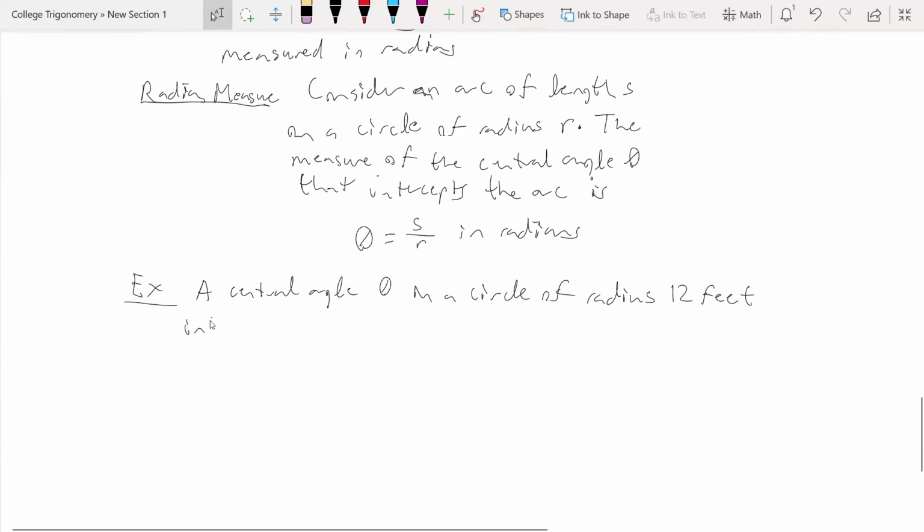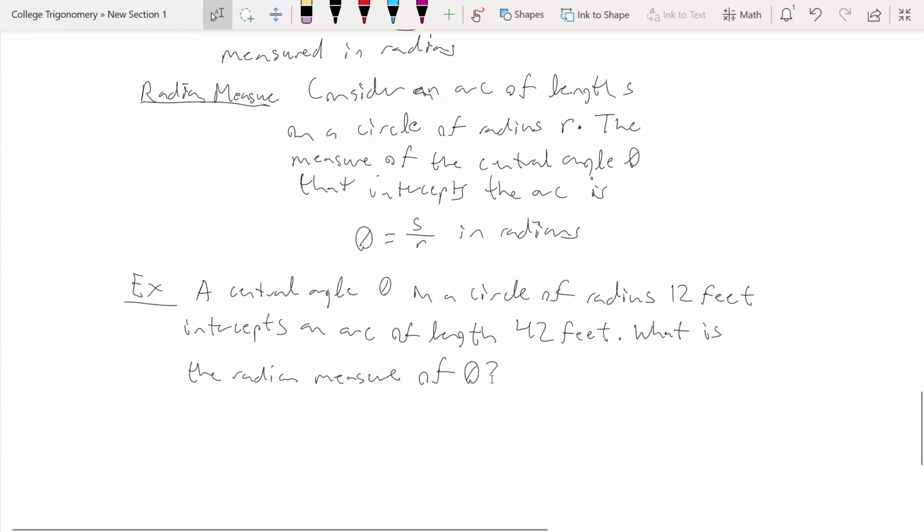Intercepts an arc of length 42 feet. What is the radian measure of theta? So we're just using a formula is all we're doing there.